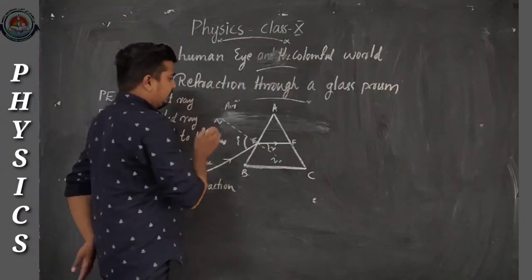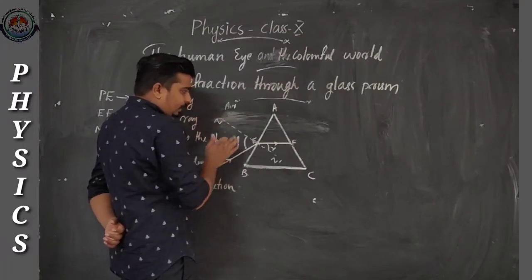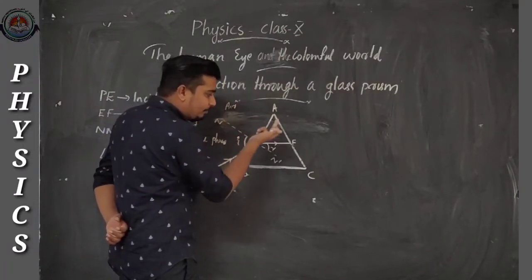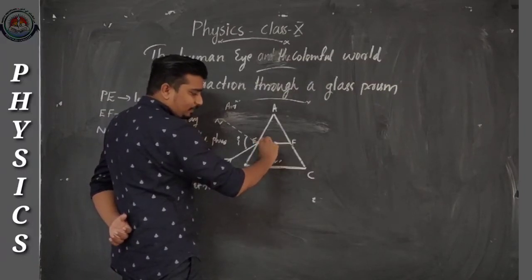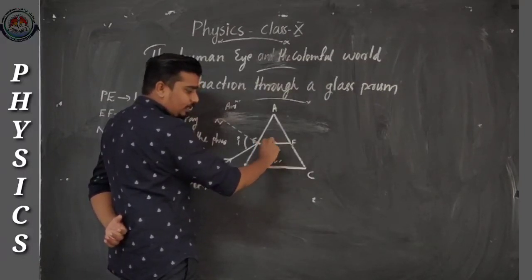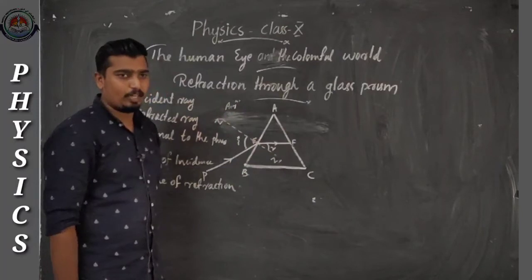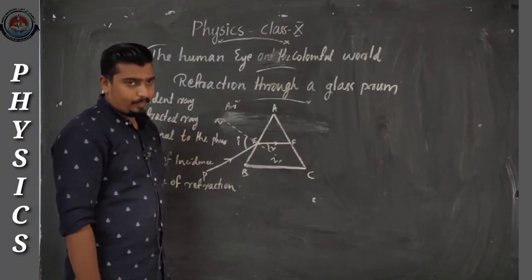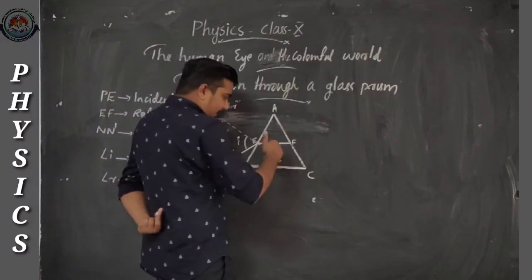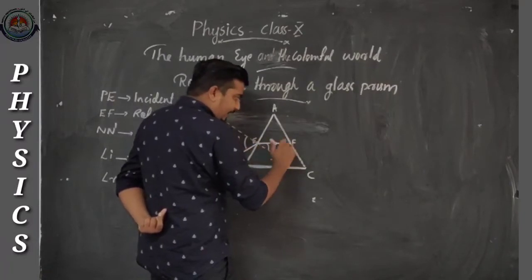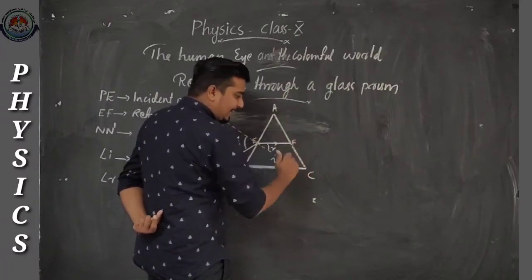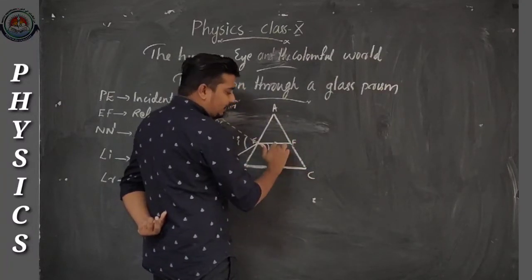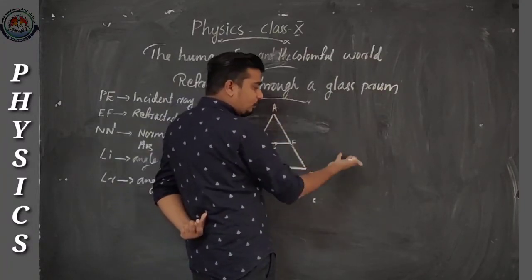Here the light ray is coming from a rarer medium to a denser medium. That means the refracted ray bends towards the normal. Next, this refracted ray is incident on the face AC. Here the light ray is coming from glass to air.